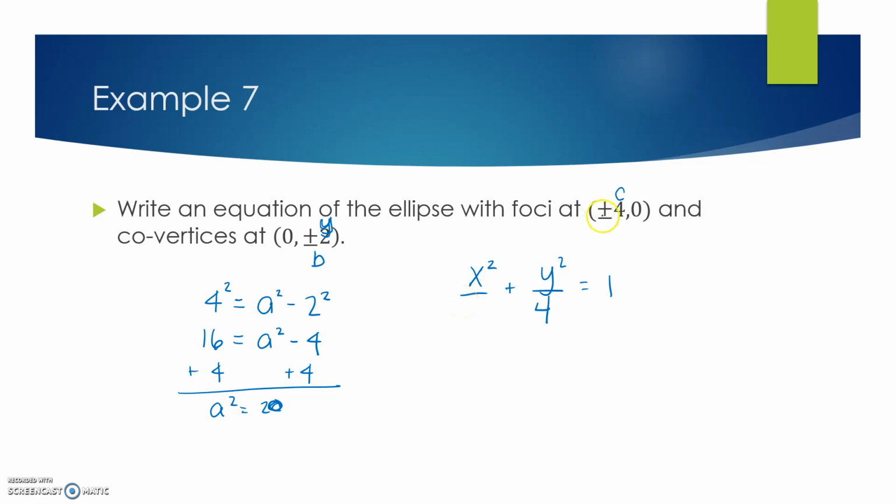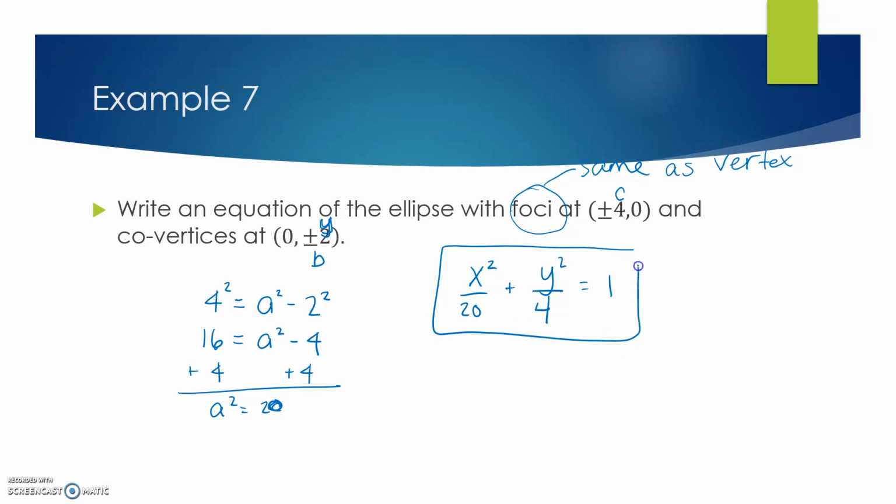I can also say that I know my vertex and my foci have to have the same coordinate placement. So if my foci are in the x-coordinate position, then my a value also has to be in the x-coordinate position. Oh, excuse me, that was the foci. That should be a 20. So that's going to be my final answer.